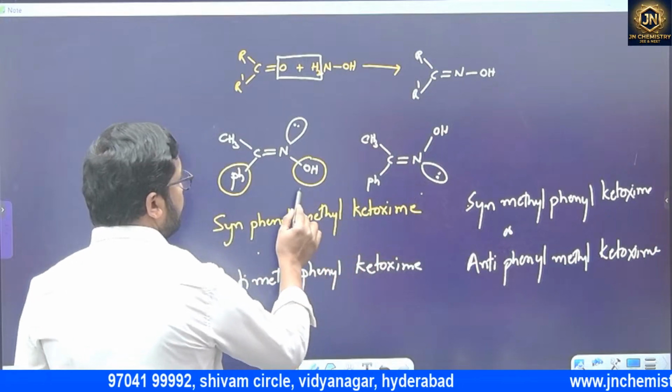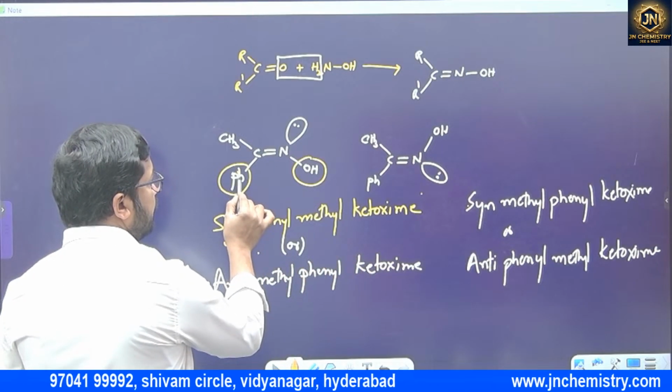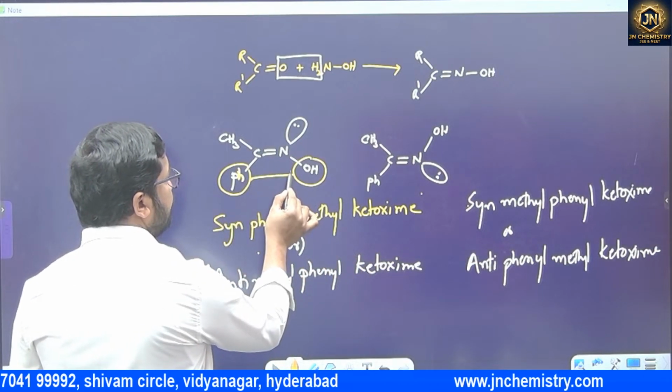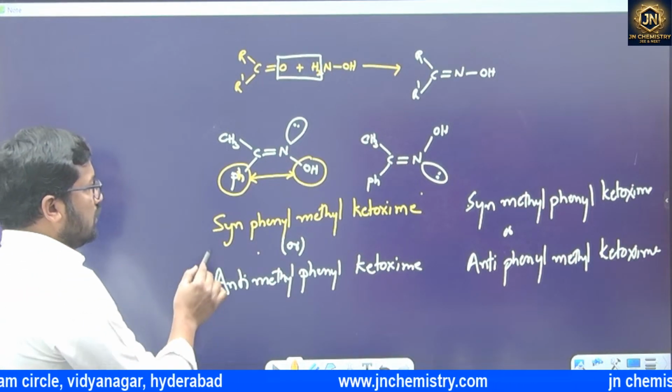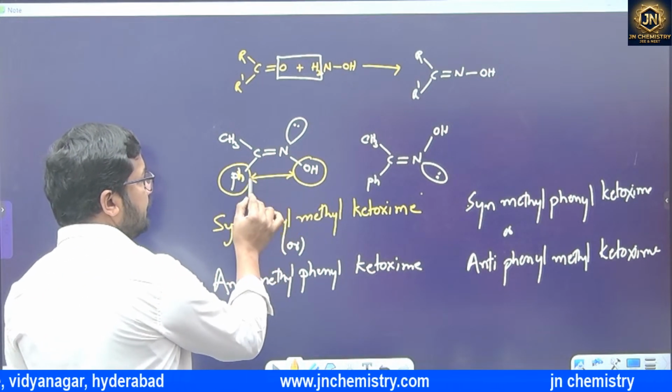Here, what I'm trying to say is that the phenyl and OH are on the same side, right, Nana? If OH is on the same side, it means syn-phenyl, okay?